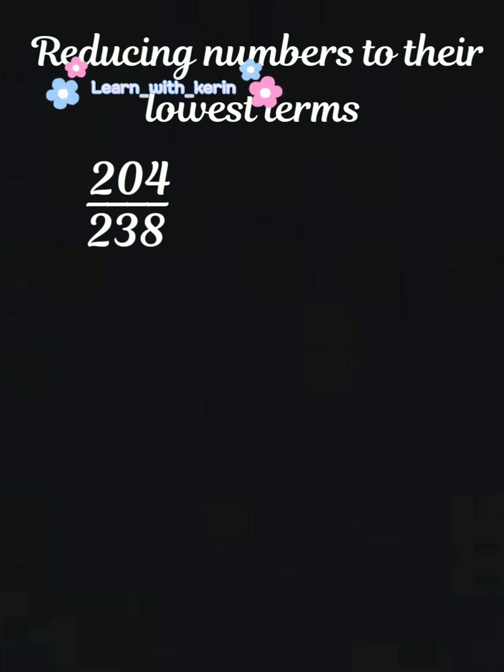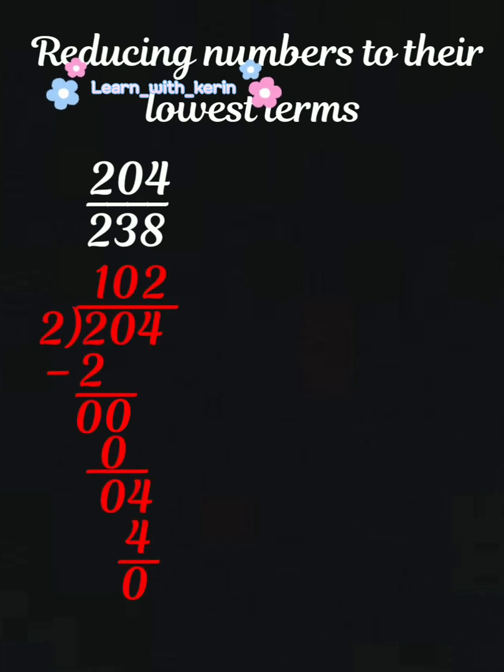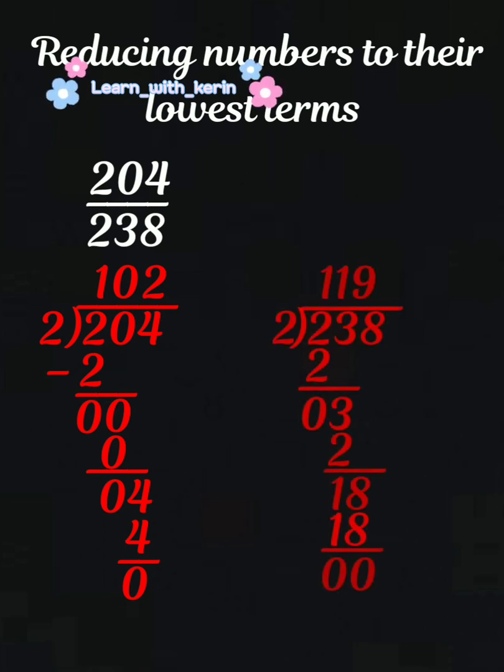Children, if we divide 204 by 2, the answer would be 102. And if you divide 238 by 2, the answer would be 119. So children, let's cut both the numbers and divide them by 2.